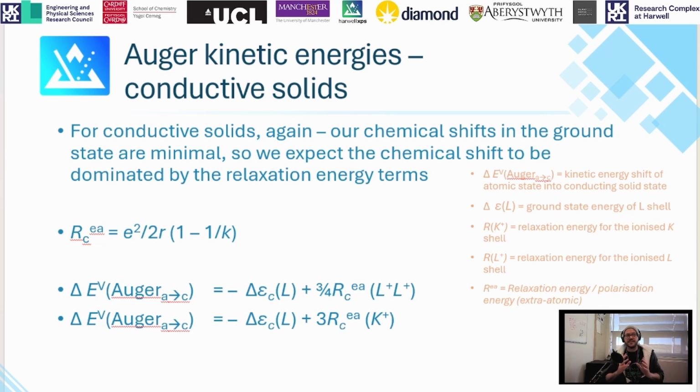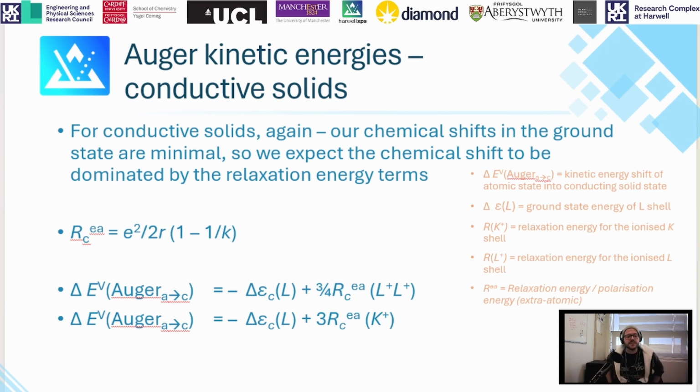If we are using our L shell as the model for the calculations, we would have, relative to the K shell, 1/4, because the point charge is that much lower.